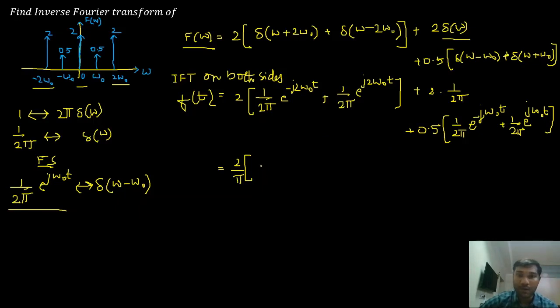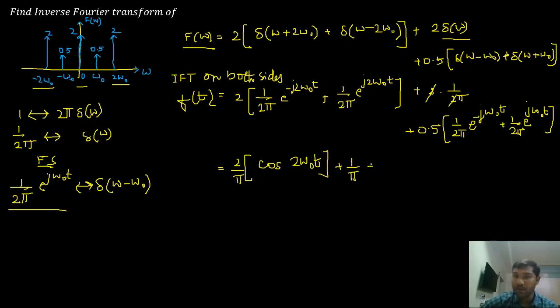So that is nothing but cos theta. What is theta? Theta is 2 omega naught t, cos theta. Then 2 and 2 get cancelled. I have 1 by pi.